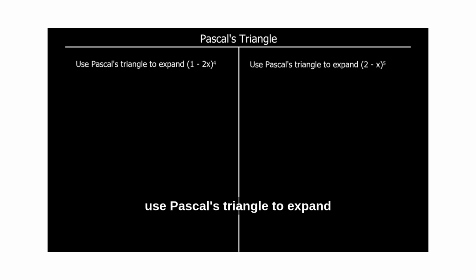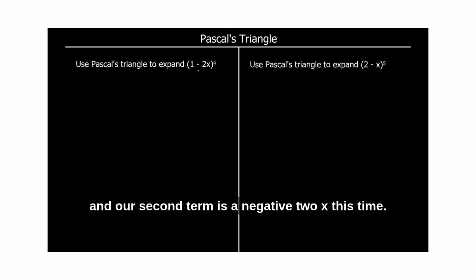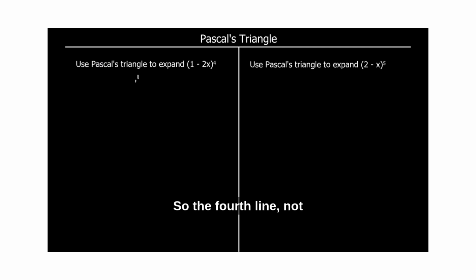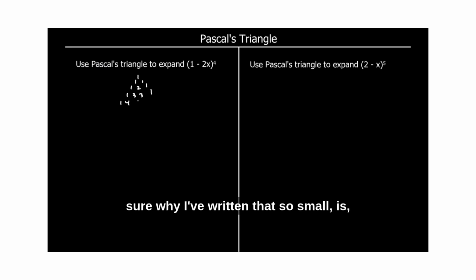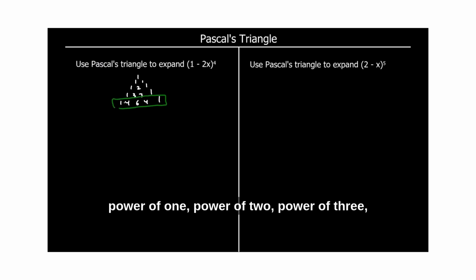And another one, use Pascal's triangle to expand (1 - 2x) to the power of 4. So our first term's 1, and our second term is a negative 2x this time. The fifth line is the one for the power of 4, because it's power of 0, power of 1, power of 2, power of 3, power of 4, which is 1, 4, 6, 4, 1.